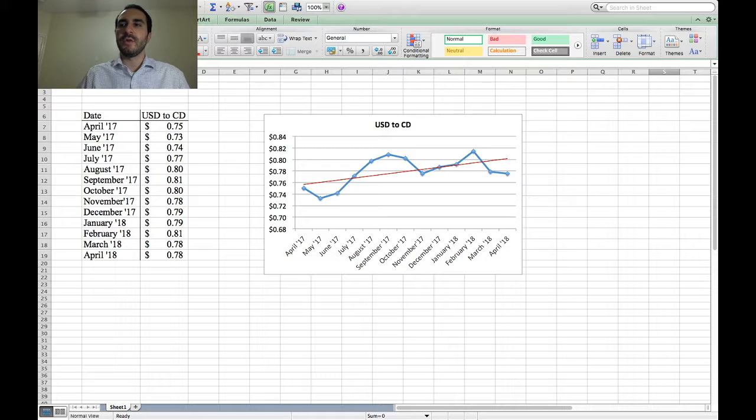Here's the graph that shows the relationship between the two currencies, the US dollar and the Canadian dollar. The dates listed on the graph represent the first of every month, starting with April 1st, 2017 and ending with April 1st, 2018. As you can see, the red trend line on the graph indicates that within this 1 year period, it increasingly took slightly more US cents to equal 1 Canadian dollar.